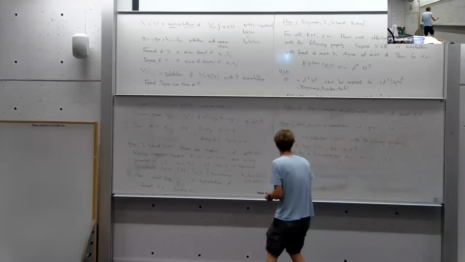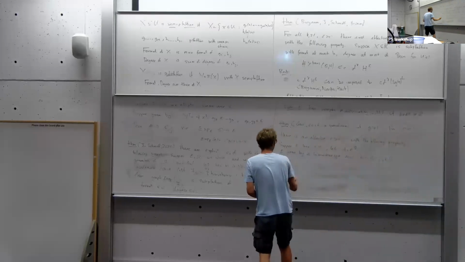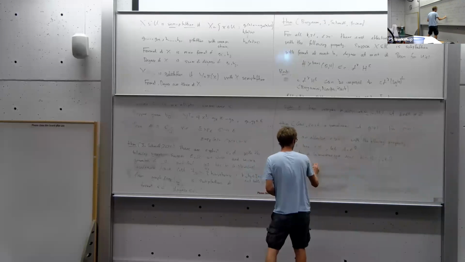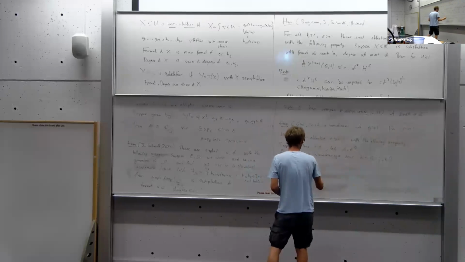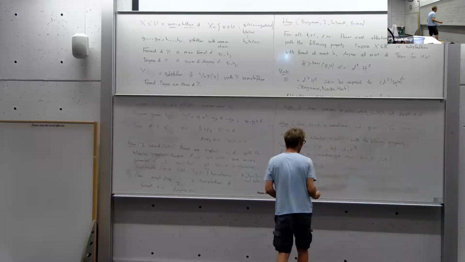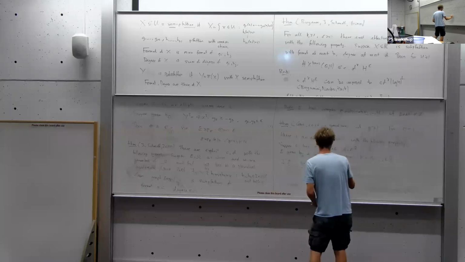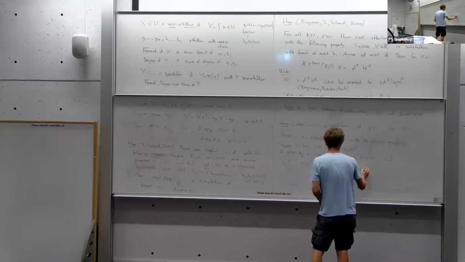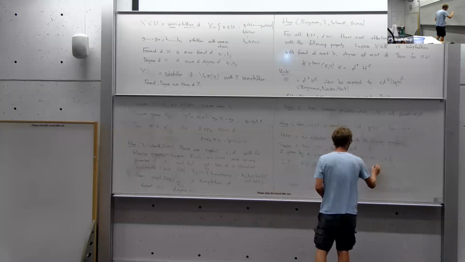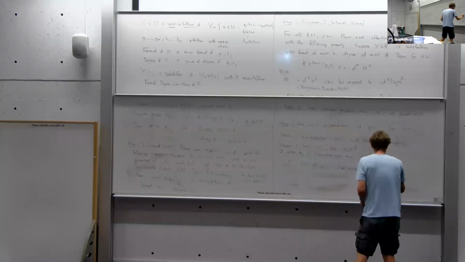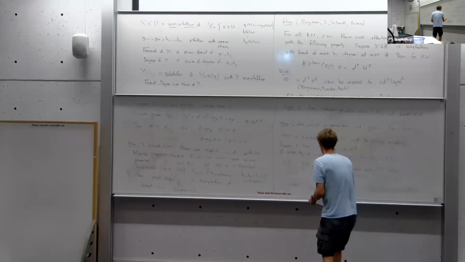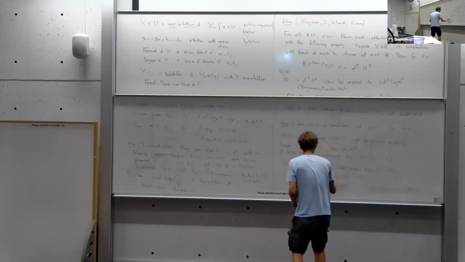And then the statement is, if P is on A, and P has order N, then its degree over K is large.